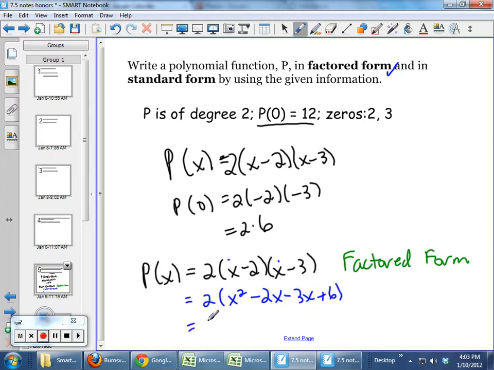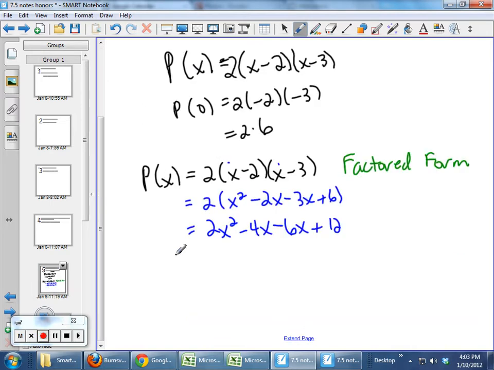And so this would be 2x squared minus 4x minus 6x plus 12. And then we could combine like terms, so it'd be 2x squared minus 10x plus 12. And so this is standard form.